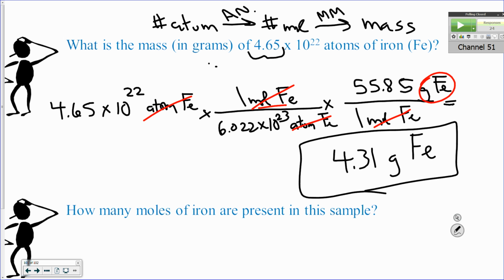All right, let's do the one at the bottom. The one at the bottom wants to know how many moles are present in this same sample. Actually, that's just a portion of the calculation at the top. So if you took the first step of it, take the number of atoms and use Avogadro's number.